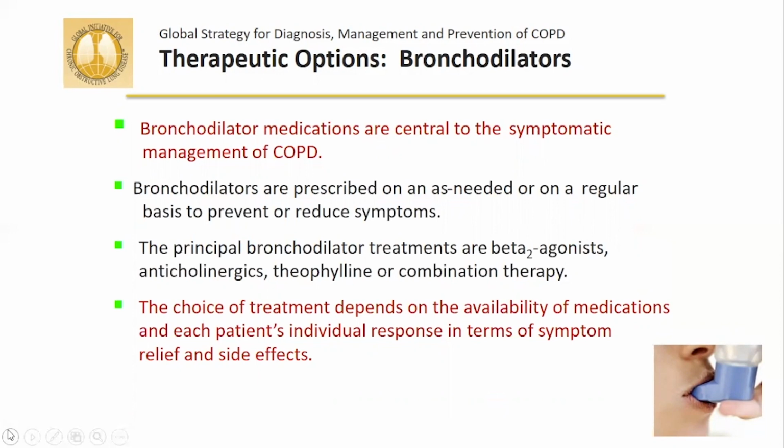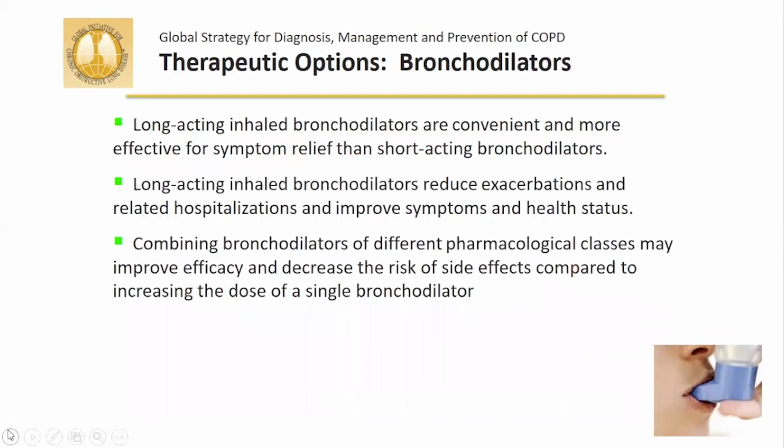They may be given as needed for the short-acting bronchodilators, but for some patients, they would require a maintenance of this treatment so that their shortness of breath would be reduced. And the choice of treatment really depends on the availability of medication and the patient's individual response to treatment.